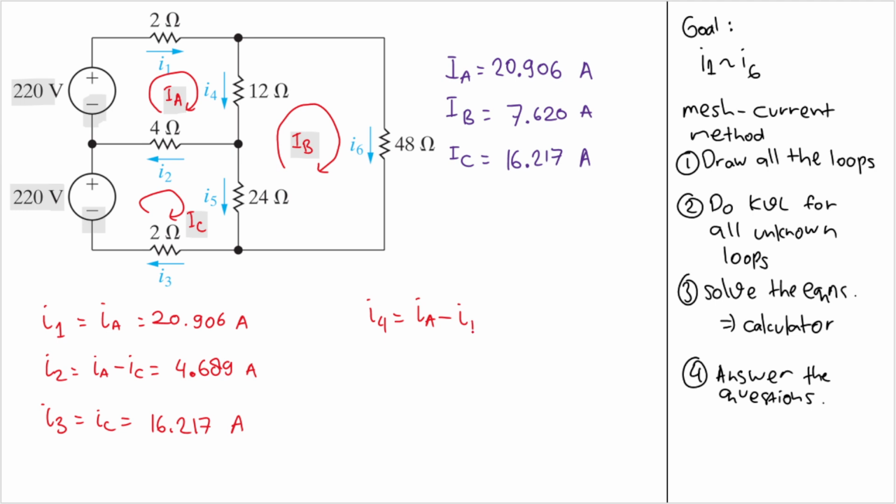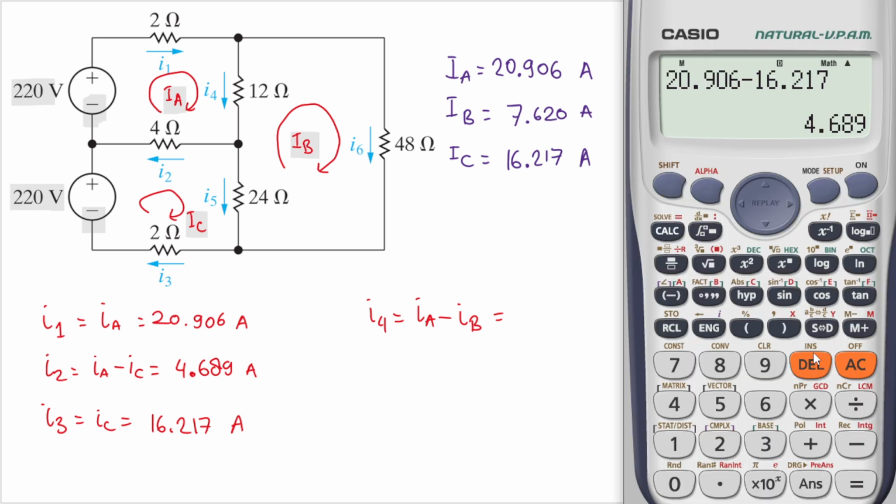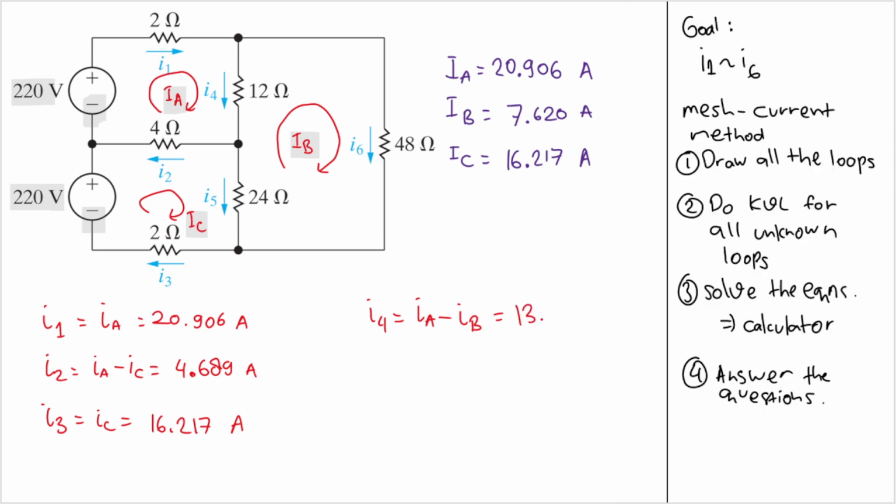So IA minus IB. Plug into the calculator again: IA is this one, minus IB, 7.620, so I'll have 13.286 ampere.